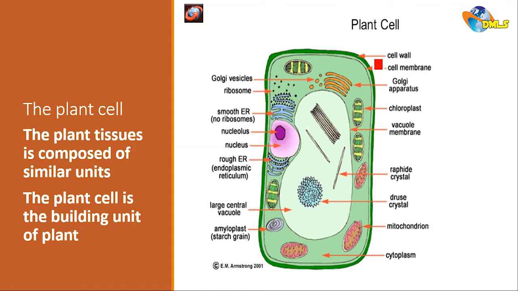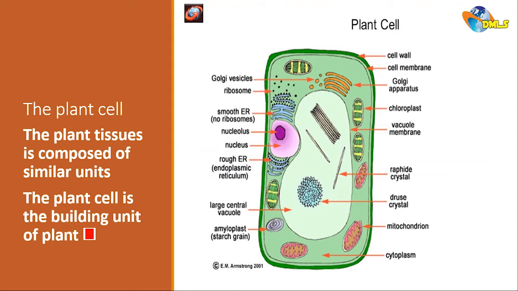Also, we have cytoplasm, mitochondria, and vacuoles, the sap vacuole. So the plant cell is the building unit of a plant, and the plant tissues consist of similar units called plant cells.